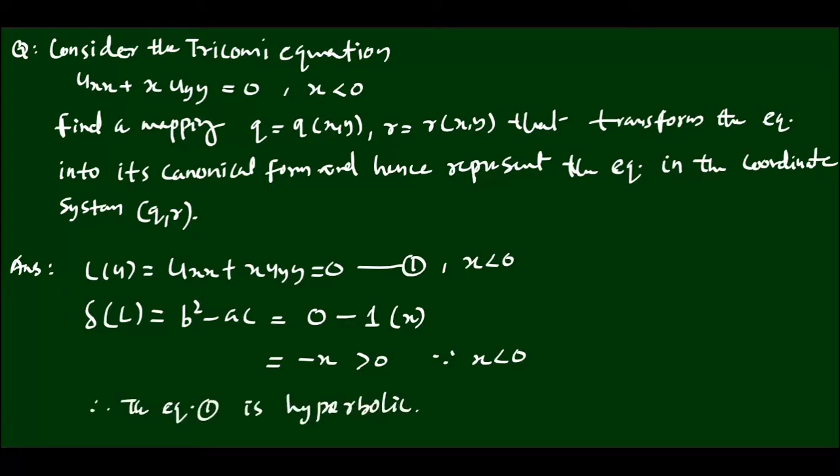Now we have to find a mapping, actually a non-singular transformation q = q(x,y), r = r(x,y), such that equation 1 can be transformed into its canonical form.